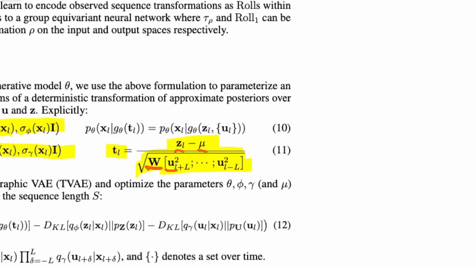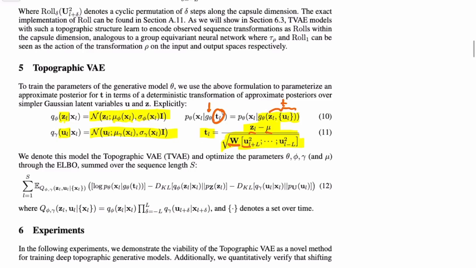And then you're going to stick these t's into this neural network. Here it says Z and ZL and UL, but essentially these create T. You're going to stick the T into your decoder neural network. Remember how we get the picture from the latent variable? That's the decoder. You stick that into the decoder, and out you get an image.